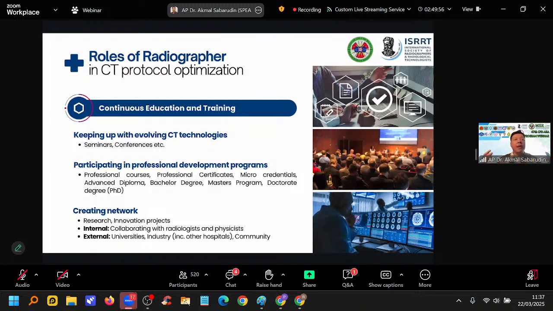We have to have many people, many different backgrounds and professionals in our team, so we can move forward. Then external collaboration, with universities, industry, other hospitals, and the community. You can do screening for the community, for example, and learn from the community how you can improve in terms of public health issues, and how radiographers can help in those screenings.